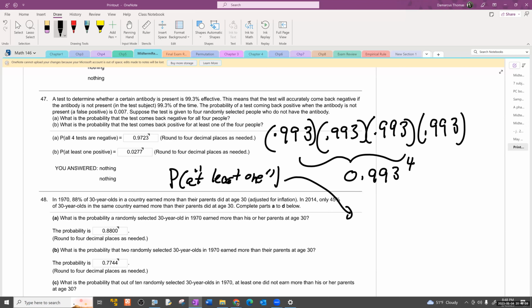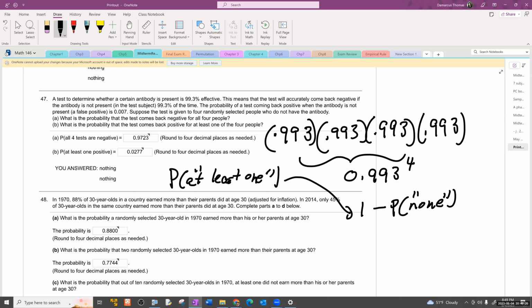I mean, the fact that there's 4 and we're talking the probability of at least one. The best way to handle the probability of at least one is to calculate the complement. So do 1 minus the complement of at least one, which is none. And we're subtracting that from 1, and that gives you the probability of at least 1.